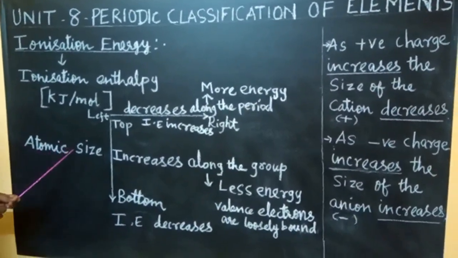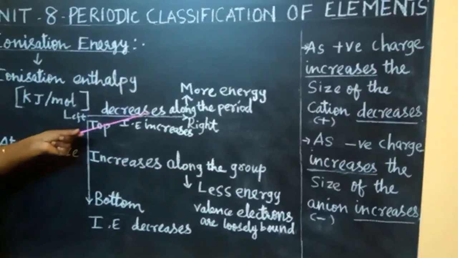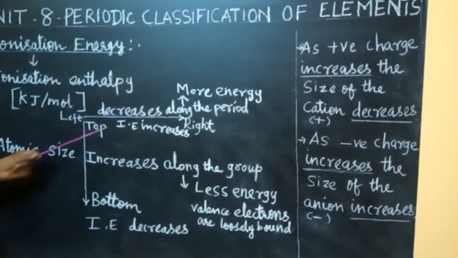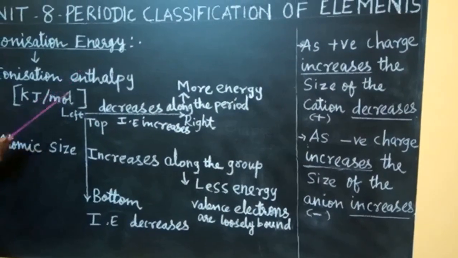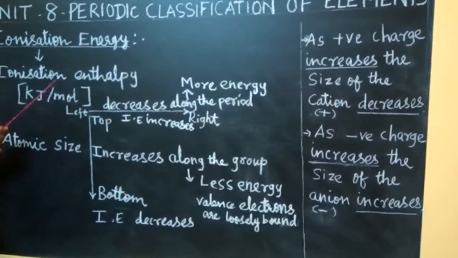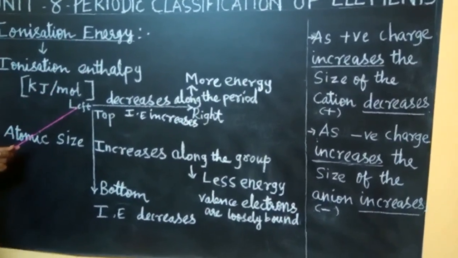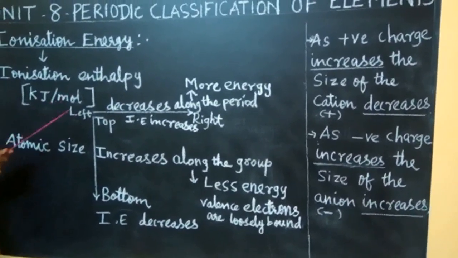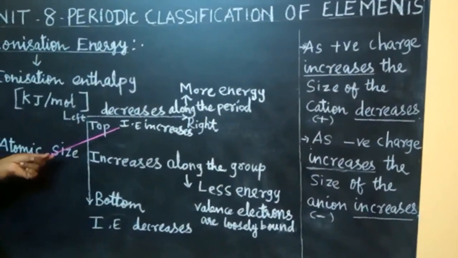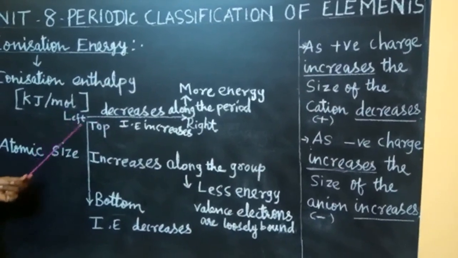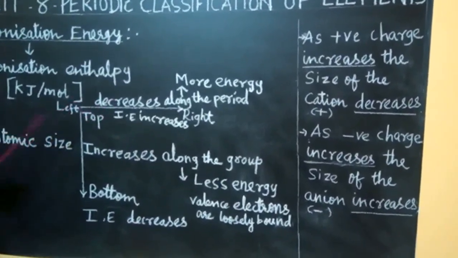When atomic size decreases along the period from left to right, more energy is required because the electron is strongly attracted by the nucleus. So ionization energy increases from left to right along the period.